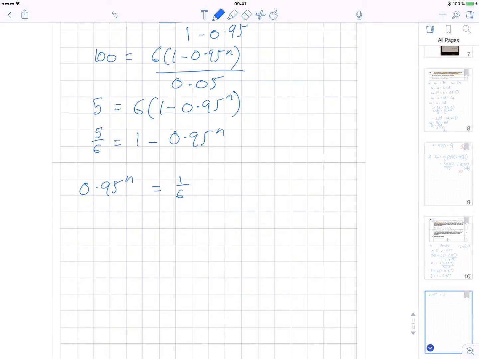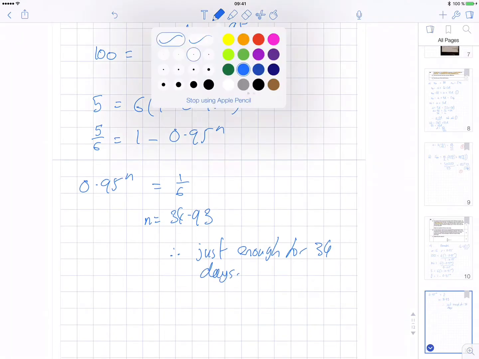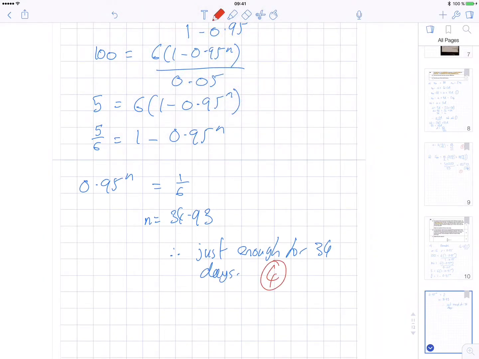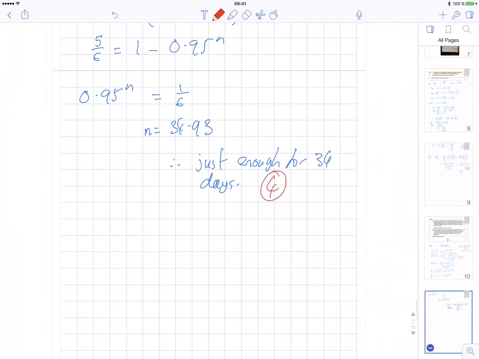So n is equal to 34.93, therefore enough. He does not have enough for 35 days. Now, if you had just done that, I'd be very happy with your working.